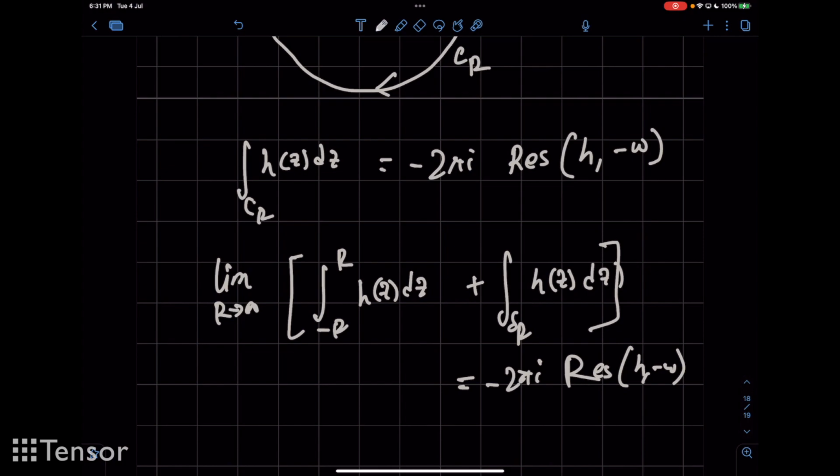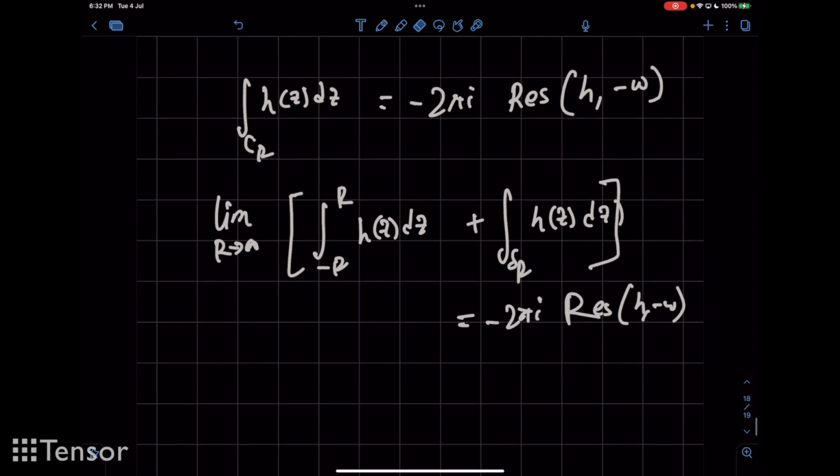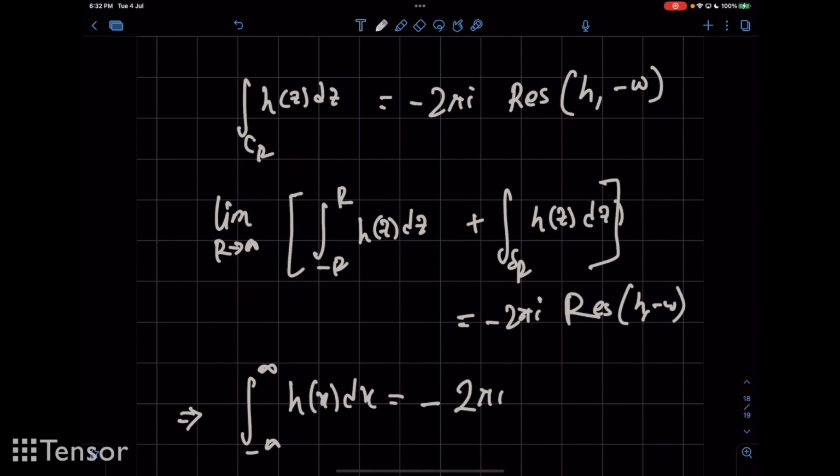Again, we distribute the limit, and the SR term will vanish. Therefore, the integral from negative infinity to infinity of h of x dx is exactly negative 2 pi i times the residue of h at negative w.